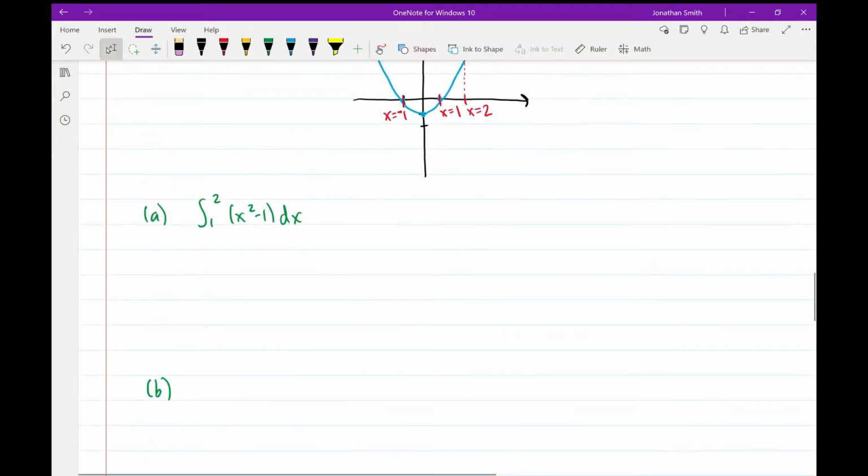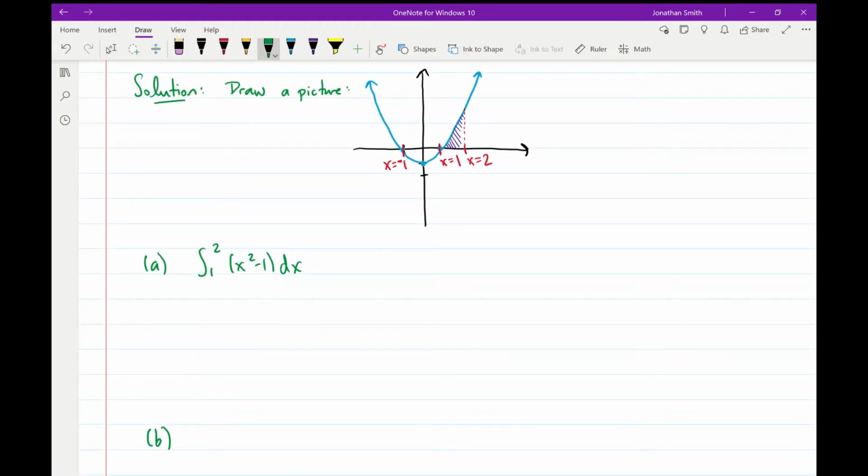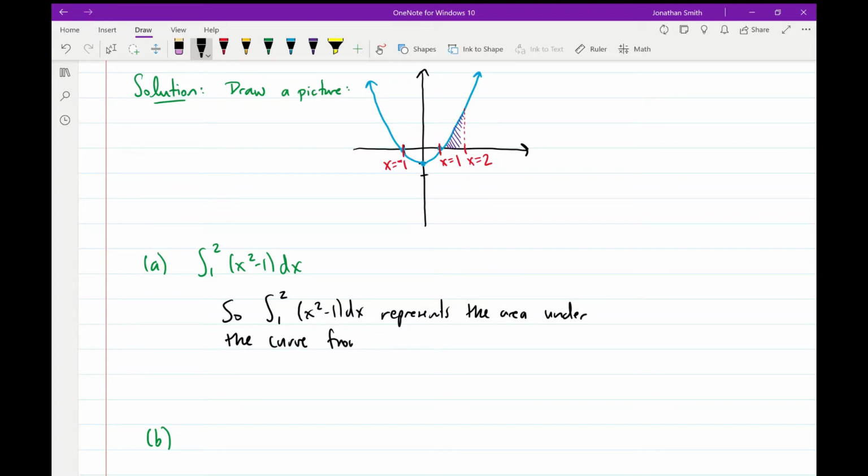Okay, so for this first definite integral, we're looking at the interval between 1 and 2, and if we go up to our curve, notice that between x equals 1 and x equals 2, our function, x squared minus 1, is always positive, which means we can say this integral from 1 to 2 of x squared minus 1 dx represents the area under the curve from x equals 1 to x equals 2.